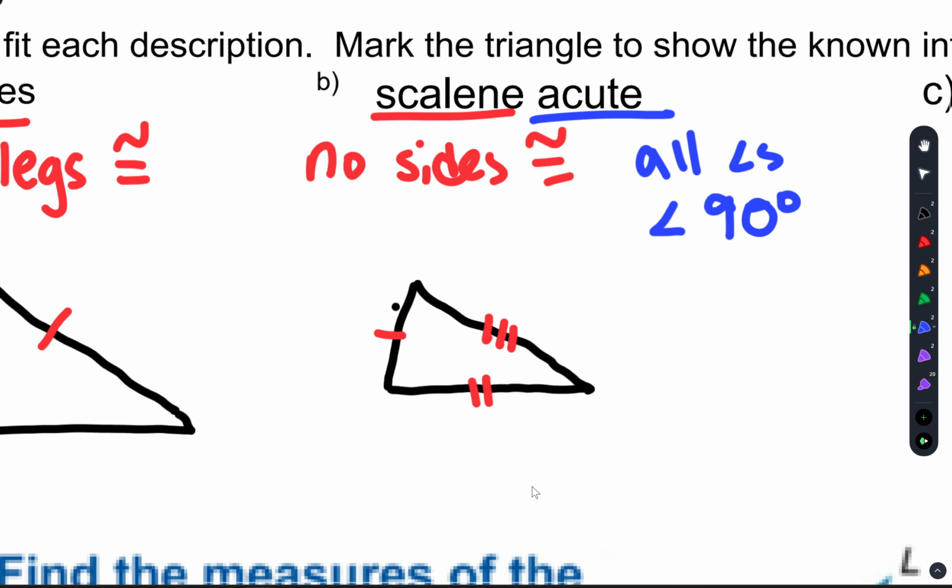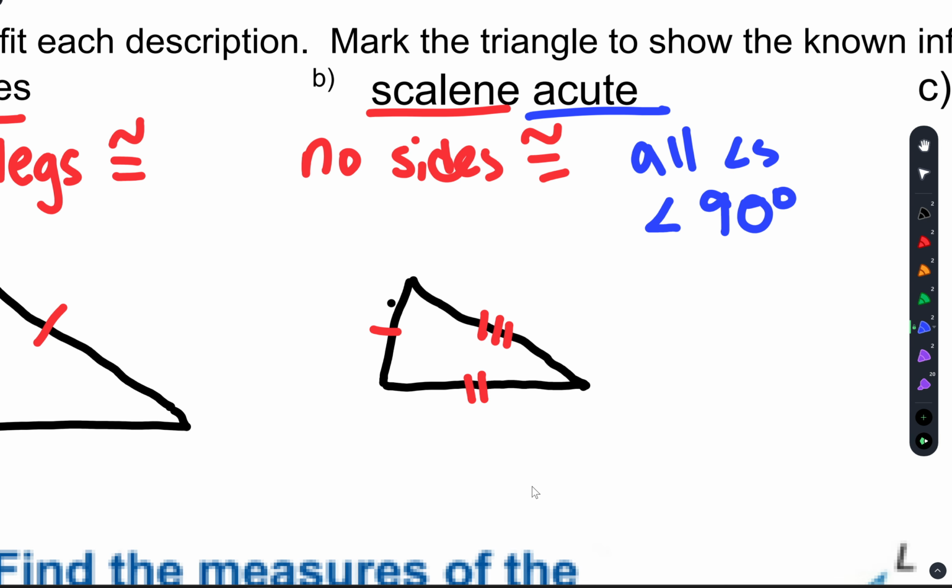And they have to add up to 180. We can't just be picking random numbers. So let's go with 60. Oops. I'm just making these numbers up. Let's go with 60, 88, and 32. Questions there?